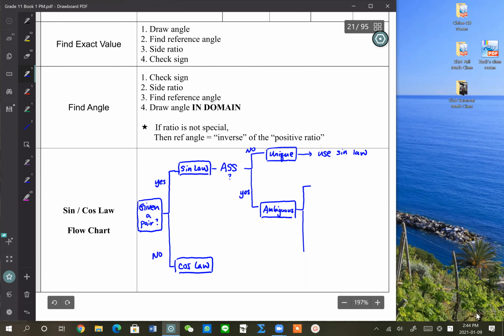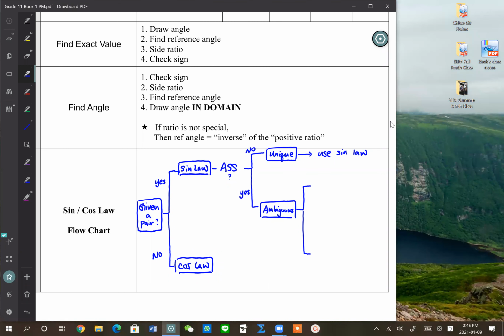Does anyone know which two groups? What kind of angle? One kind is what? We just learned it. Acute and obtuse? Yes, very good. Either the angle they give you is acute or obtuse.